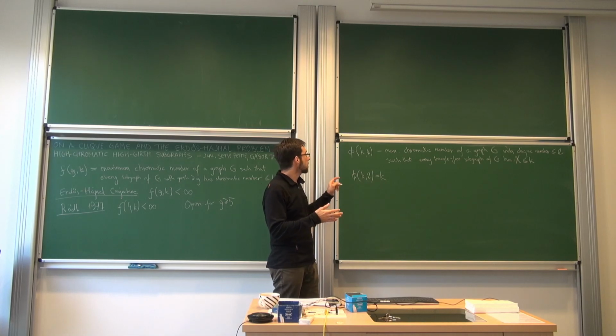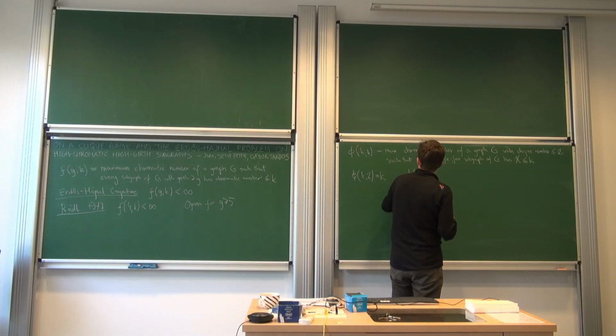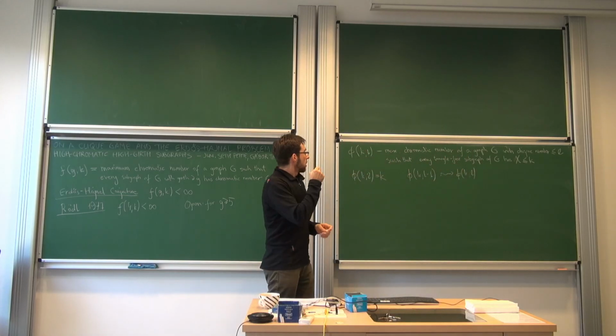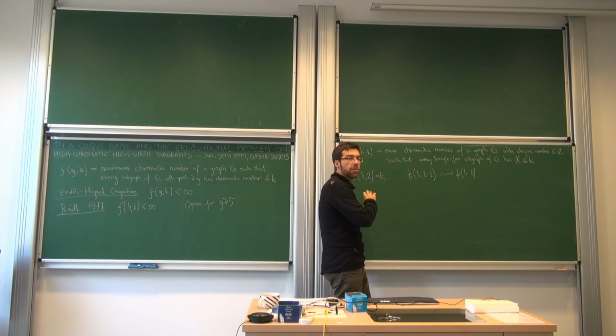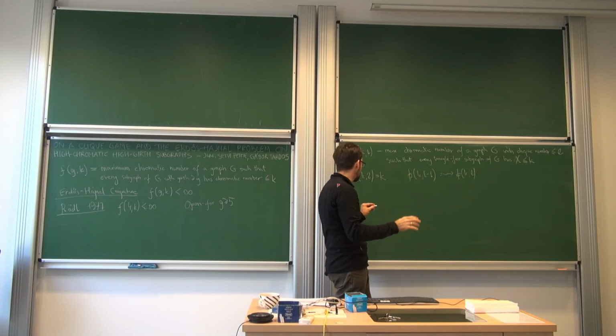So now we are going by induction on L. So we assume that we already have a bound of phi(K, L minus 1), and we want to get a bound for (K, L). So what happens is that we are arranging the vertices according to some linear order, which is arbitrary.